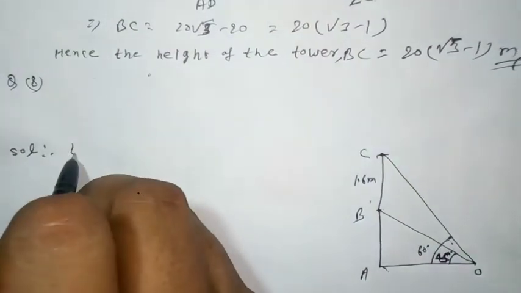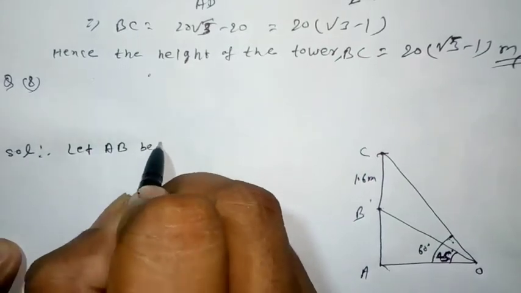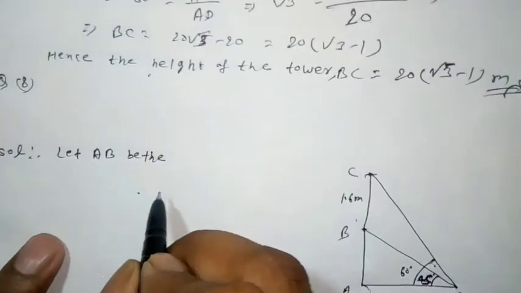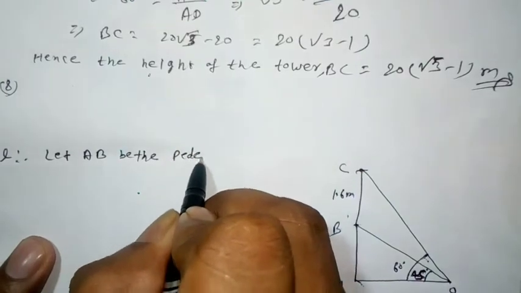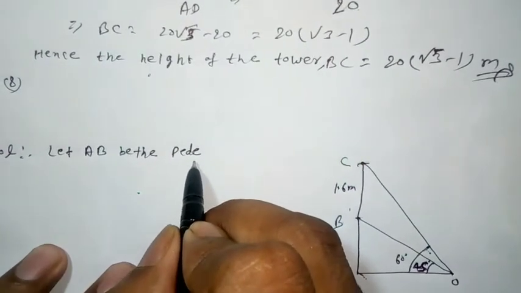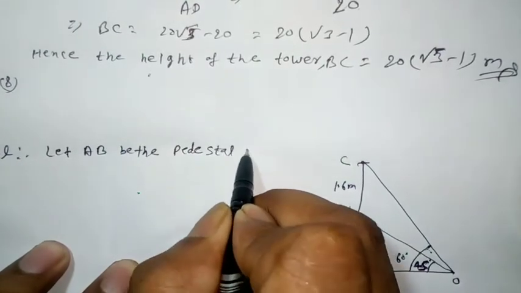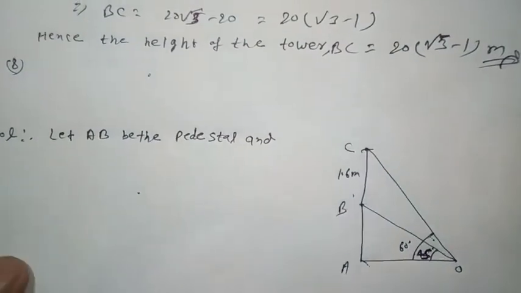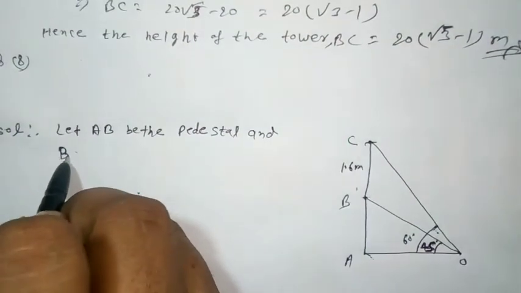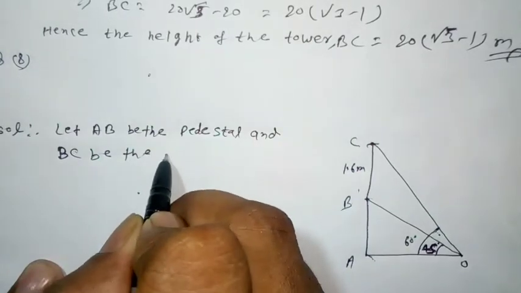Now, let AB be the pedestal and BC be the statue.